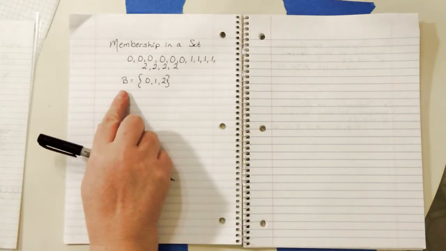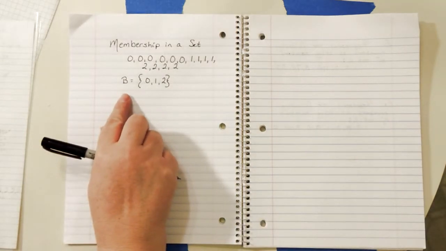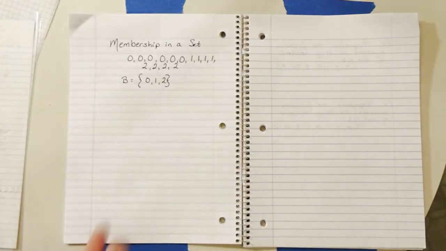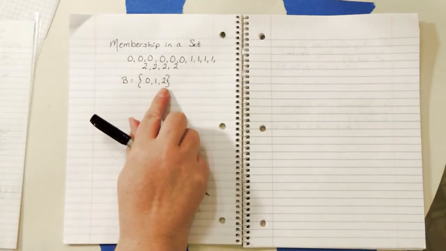We say this as B is the set whose members are 0, 1, and 2. Note we only list each number once.